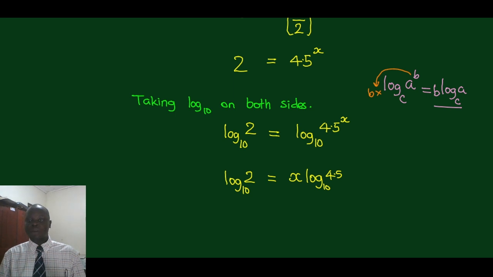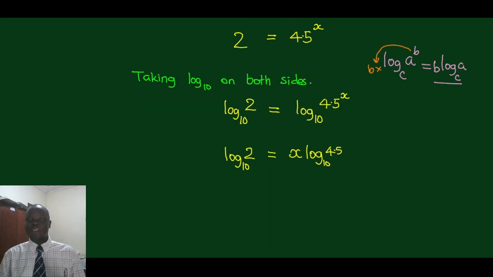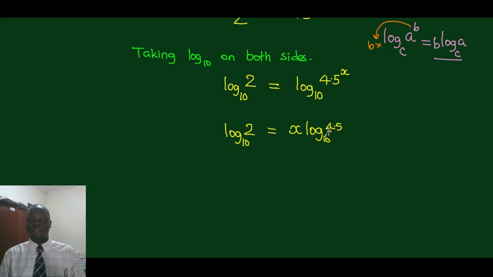And here we can now go ahead and divide this by logarithm of 4.5 to the base of 10 to isolate our x. By the way, you can also ignore writing this base 10 and just write log 4.5. That is another good option, because this is one of the default bases.